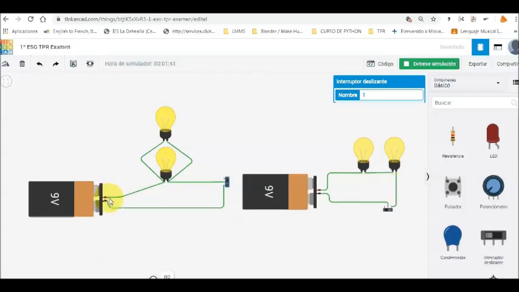In this case, electrical charges coming out from the positive pole, they can choose. They have to make a choice. They can pass through this lamp, the one at the bottom, or maybe they can go around and try to pass through this one. So all of them pass only through one of them, not both of them at the same time. Do you understand the difference? I hope so. And that's why this circuit lights up the brightest.